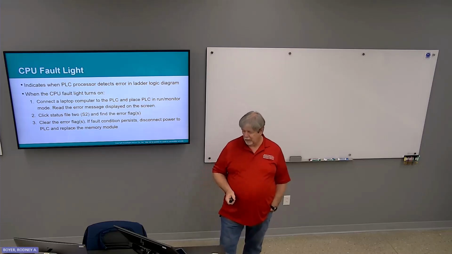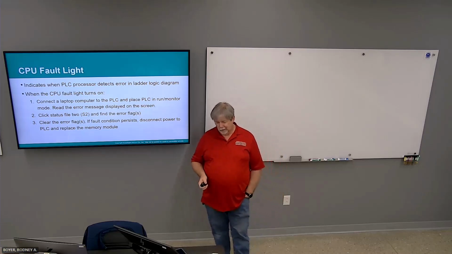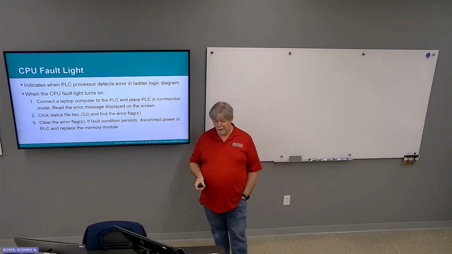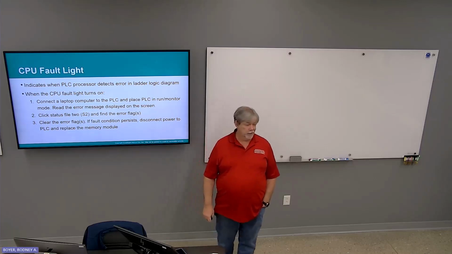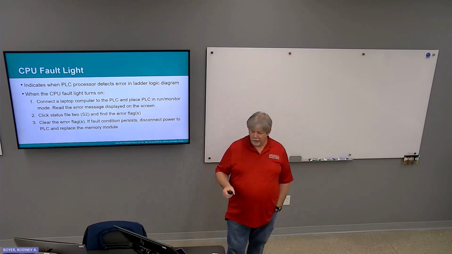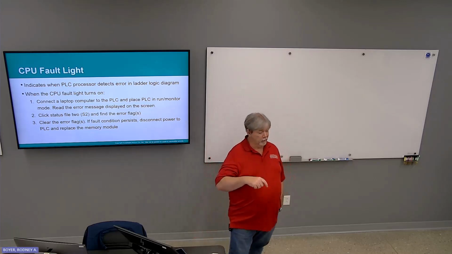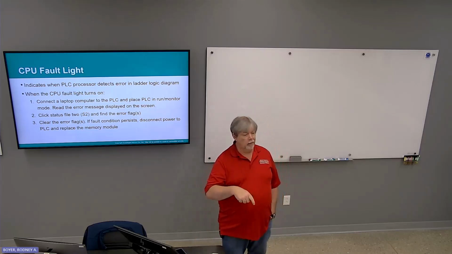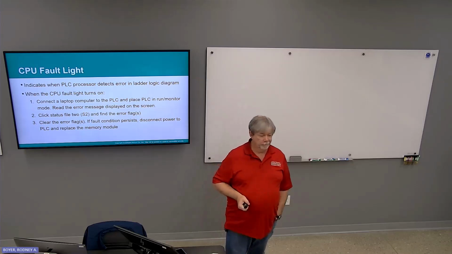Click status file 2, find the error flags. Clear the error. If the fault condition persists, disconnect power to the PLC and replace memory module. Won't necessarily fix it. What that should say is figure out what caused the fault, fix it, then clear the error, and try to start back up.